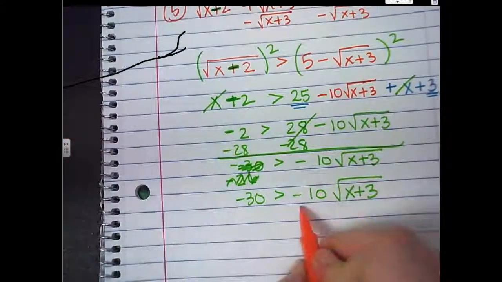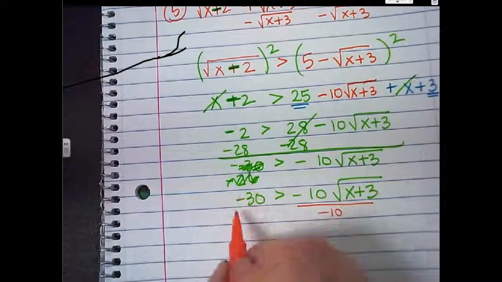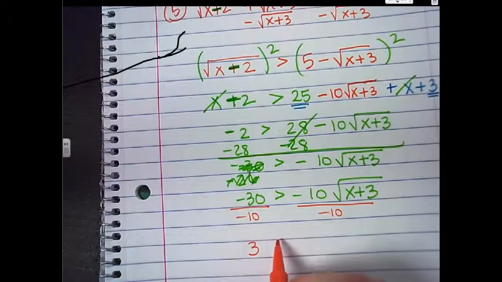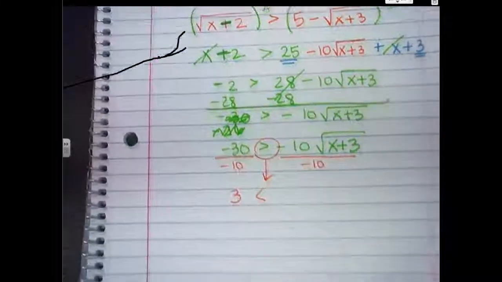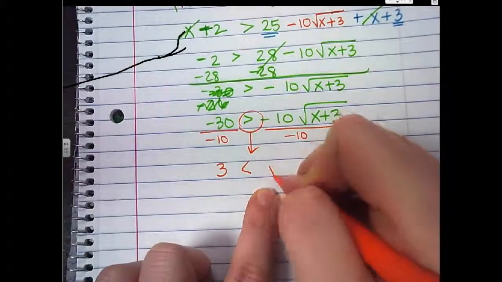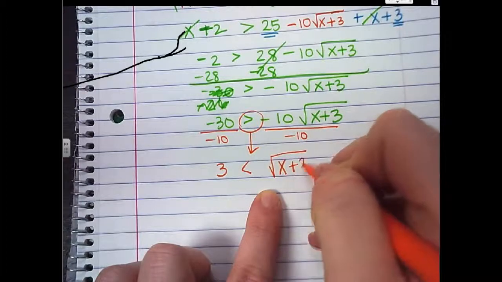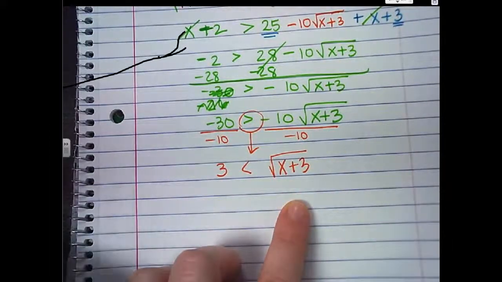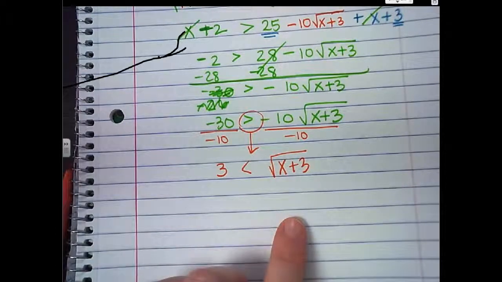Okay. Divide by negative 10. And what happens when I divide by that negative? It becomes positive and it switches the sign. So you have to be careful there, because we haven't done very many of those today. And then now I have my square root by itself. This is what you're aiming for. That way you can get rid of it.